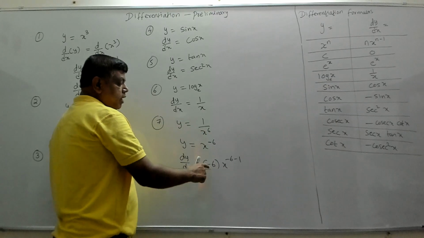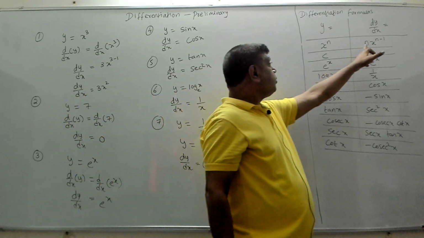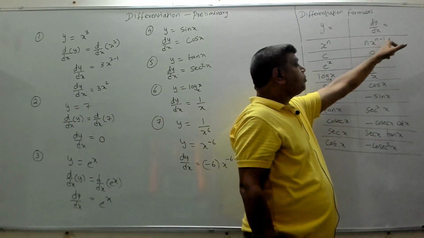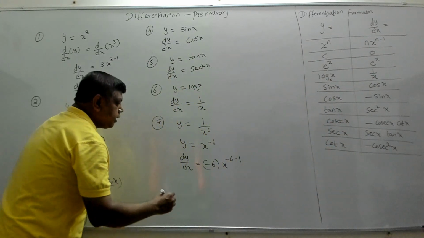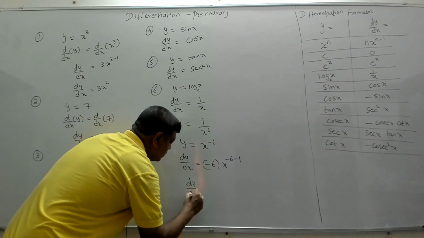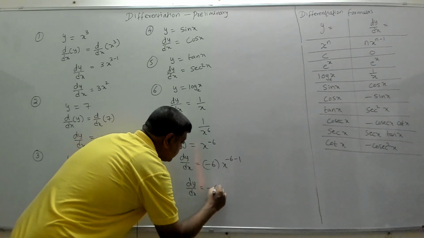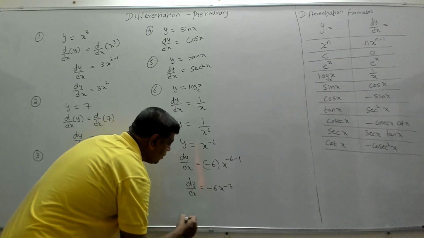Wherever n is, I am putting minus 6. So minus 6 x power minus 6 minus 1. So dy by dx becomes minus 6 x power minus 7.